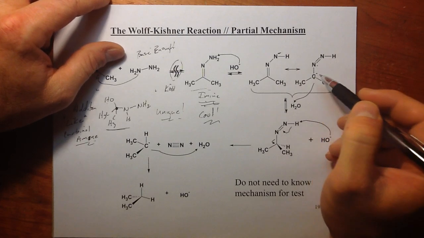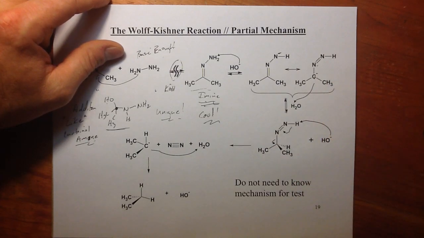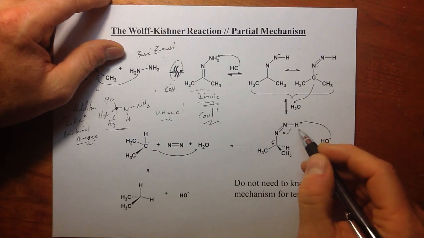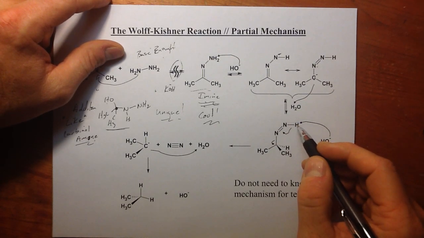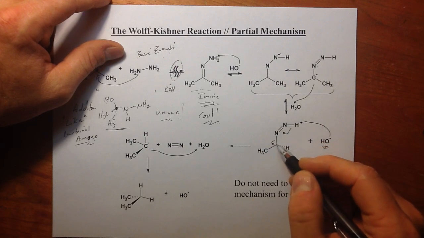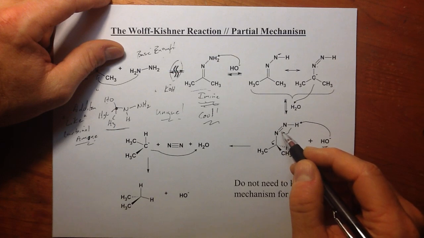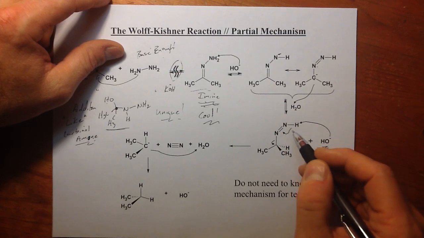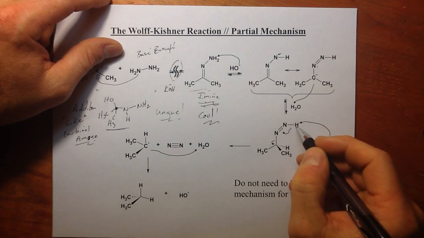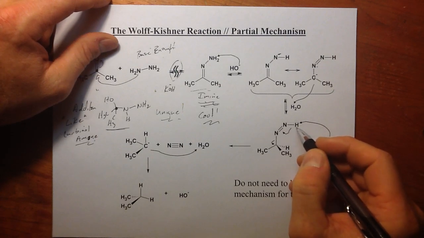We can then, because we have some water with this base solution, protonate, regenerate our base, and just do it again. Take a proton off. Sorry, not resonance delocalization, apologize. We can just simply have the formation of nitrogen gas in an elimination reaction.